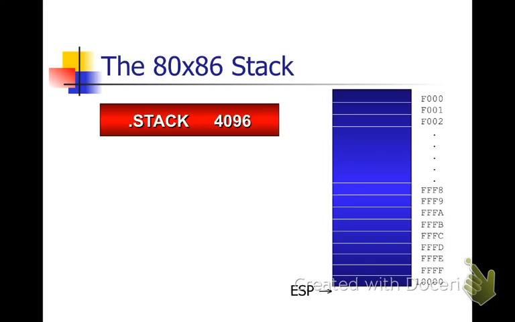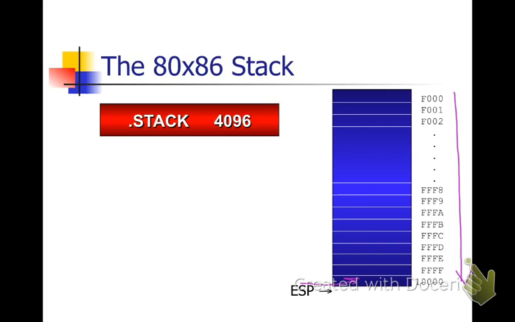When I allocate a 4096 byte piece of memory called the runtime stack, it's going to allocate that memory. So it's going to take whatever the stack pointer was pointing at, move it 4096 bytes past, and so there's the 4096th byte right there.